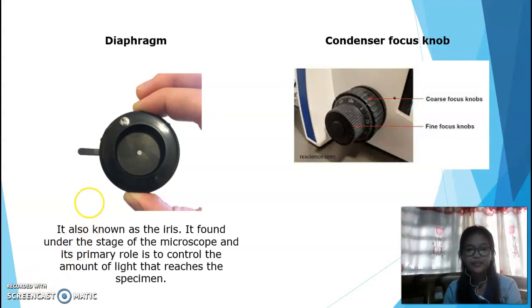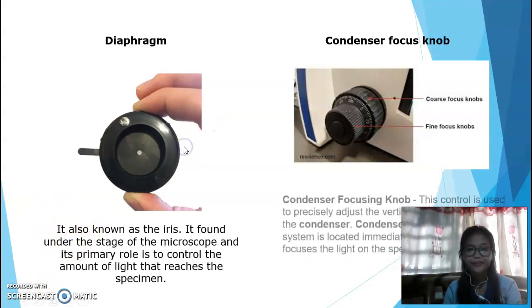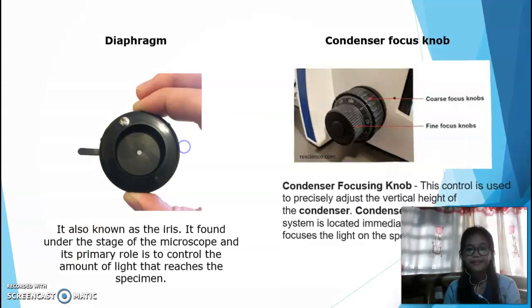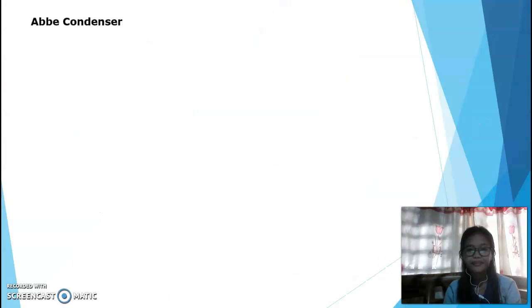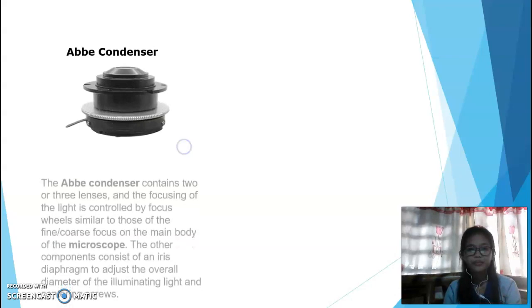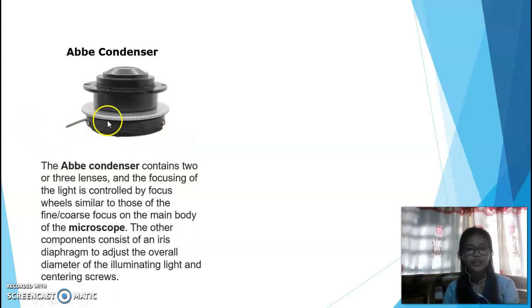Next is the Abbe condenser. On the microscope, this is the Abbe condenser. This is a condenser specially designed for high-quality microscopes, which makes the condenser movable and allows very high magnification. The high-quality microscope normally has a higher numerical aperture than that of the objective lenses.